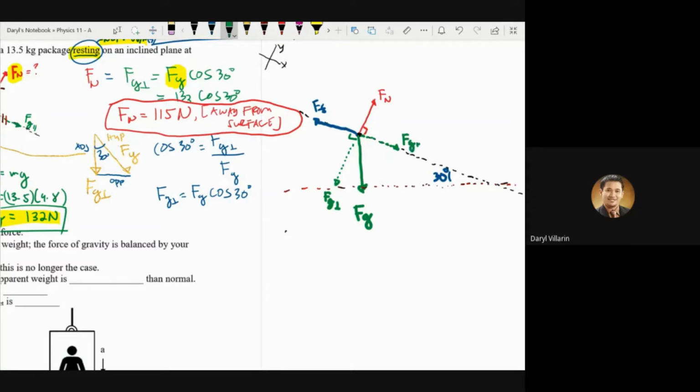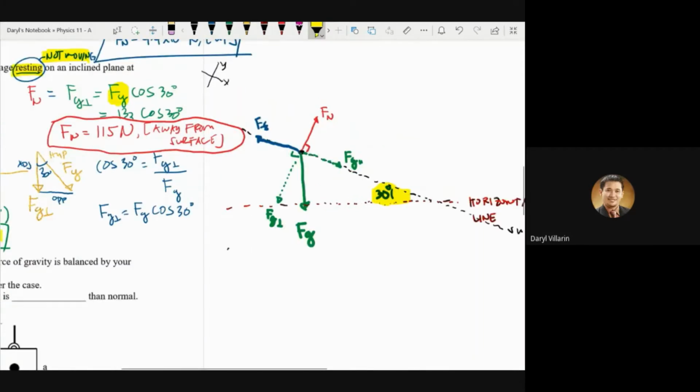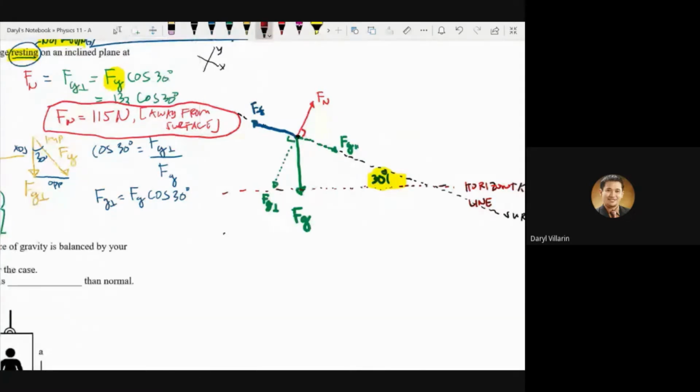The key thing to note there is how you would identify this angle of 30 degrees. In most cases, this angle is the one that is given. But if I extend my Fg and hit the horizontal line, this is just perpendicular to that horizontal line.